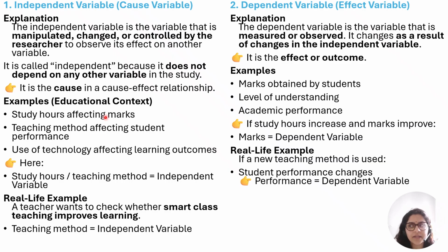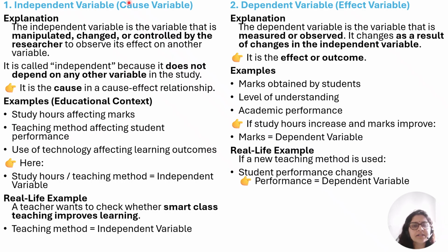Then he will increase the study hours to 3 hours. Then how will it affect the marks? So here study hours is being changed by the researcher. It is manipulated, changed and controlled by the researcher, and marks are coming automatically. It is not in the researcher's hand.